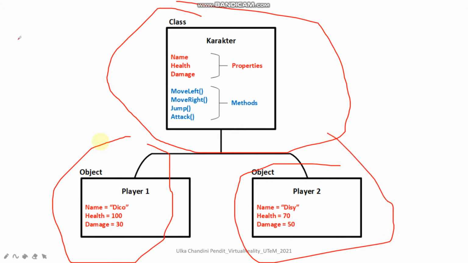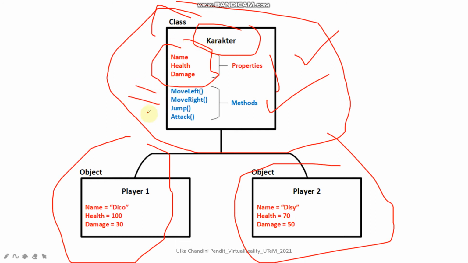The class itself is character. Character consists of properties and methods. The properties are, for example, the name, the health, and the damage, and the methods are: you can move left, you can move right, you can jump, you can attack, right?